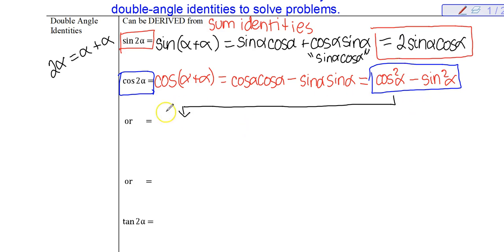Okay, so I'm going to transfer this information, cosine squared alpha minus sine squared alpha. And what I'd like to do is just put it in one trig expression instead of 2 different ones, sine and cosine. So let's replace cosine squared alpha with 1 minus sine squared alpha.